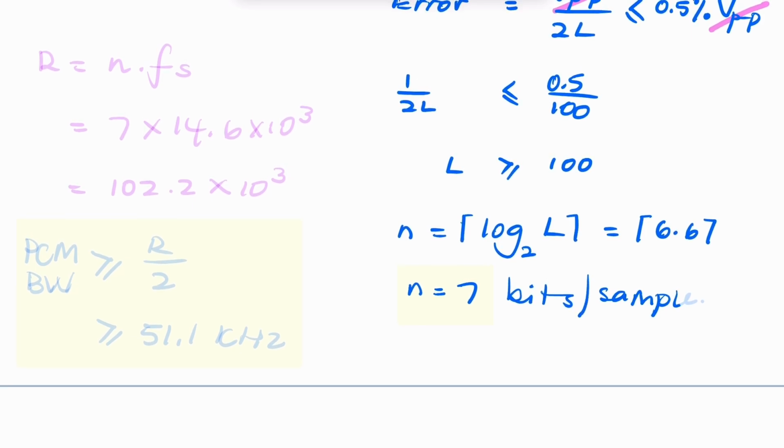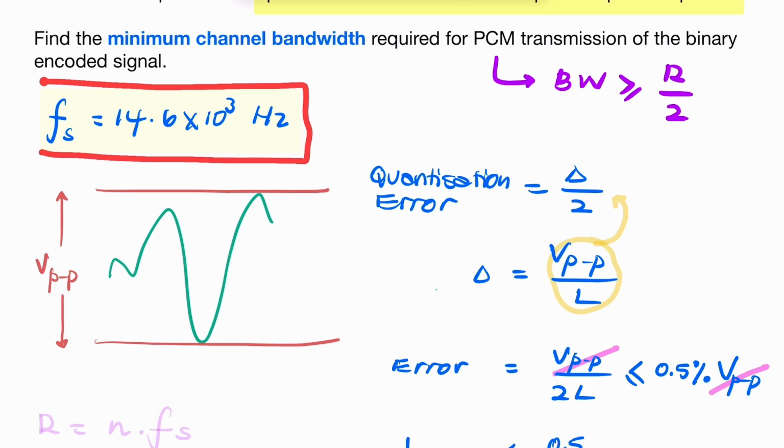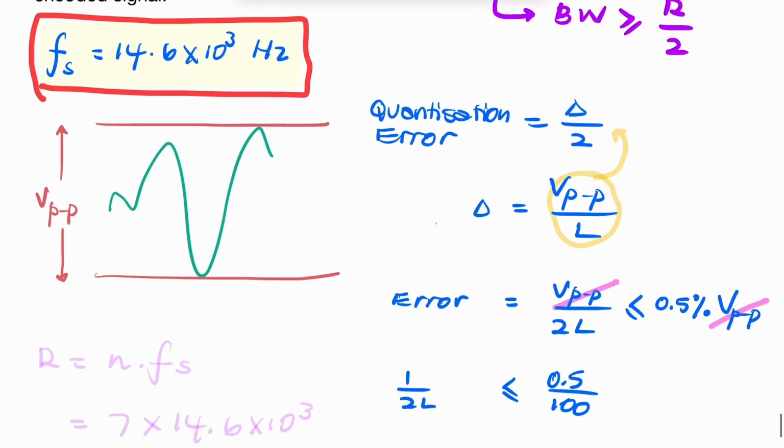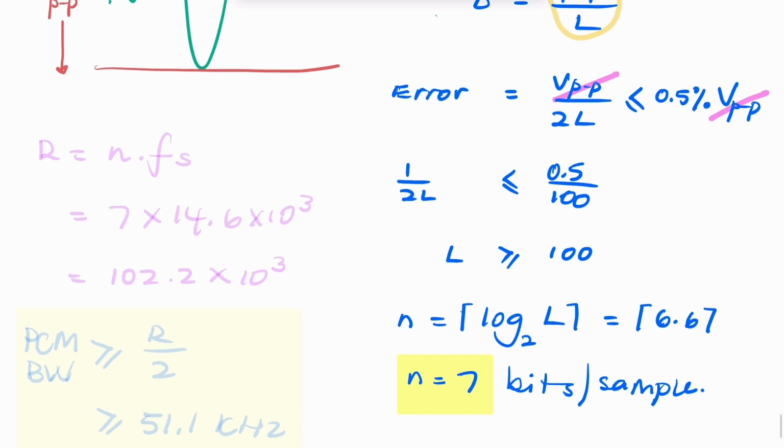So if we know N, the number of bits per sample, and we know the sample rate, because we're given that in the question, we can simply multiply the two, and that'll give us the data rate. And once we know the data rate, you just divide that by 2 to find your PCM bandwidth.